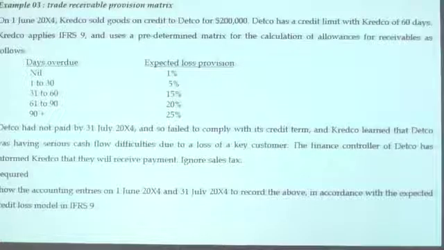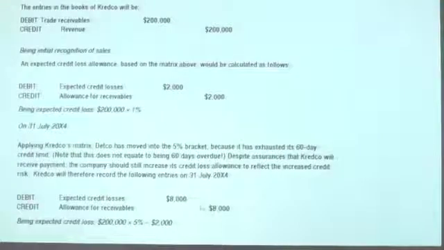Because I missed that expected loss at the beginning. When you made the sale, at the same time you have to make a provision of 1%, 2,000. Thereafter, when they complete the 60 days, you need to take them into the second level of bucket, that 5%, that is 10,000. Since you already made 2,000, you require to make only the balance 8,000 provision at the end. Is that clear?